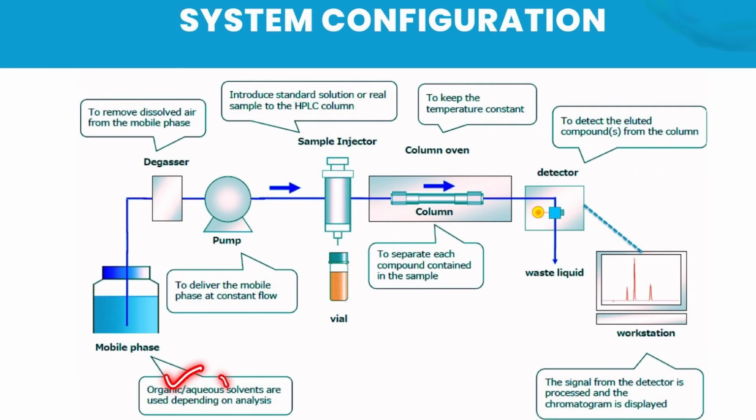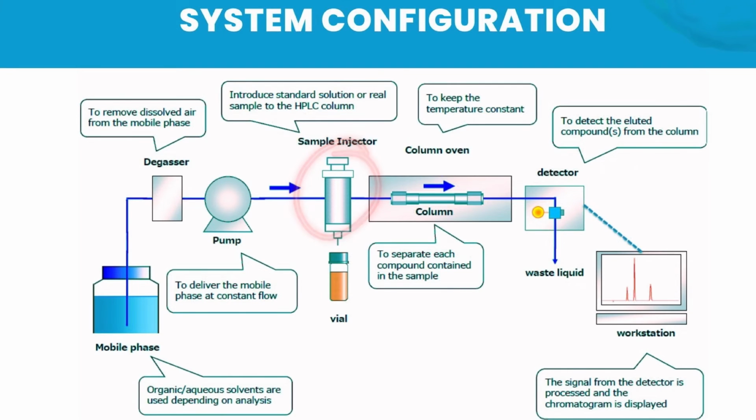The organic or aqueous solvents are added in this reservoir. Then this reservoir is connected to a degasser. The main function of the degasser is to remove air bubbles. Then there is a pump which sucks things in and moves them forward. The pressure comes from this pump, which delivers the mobile phase at a constant flow.